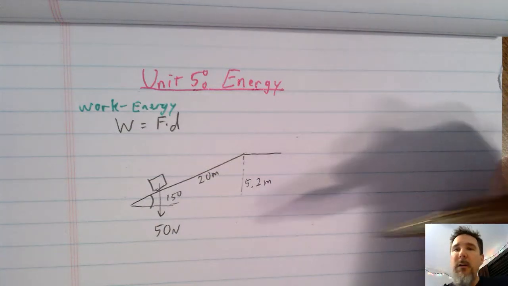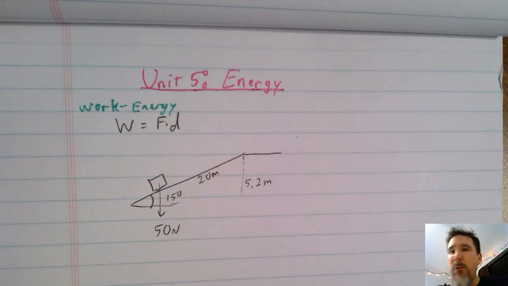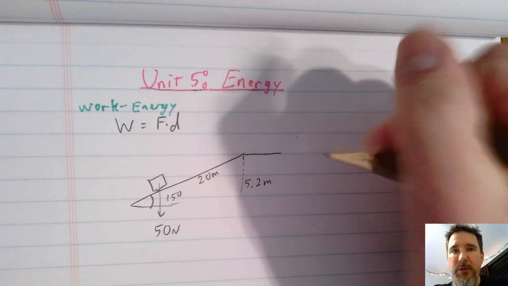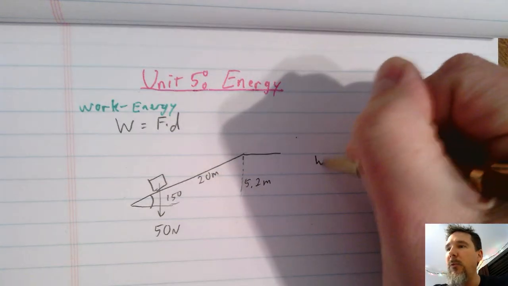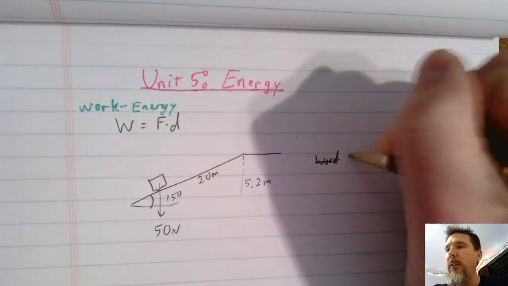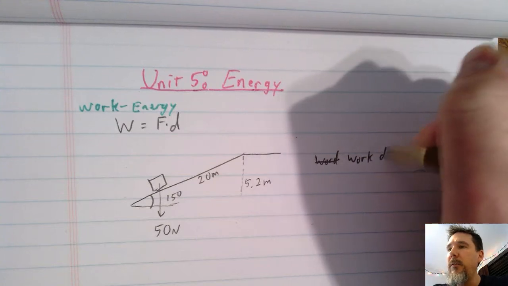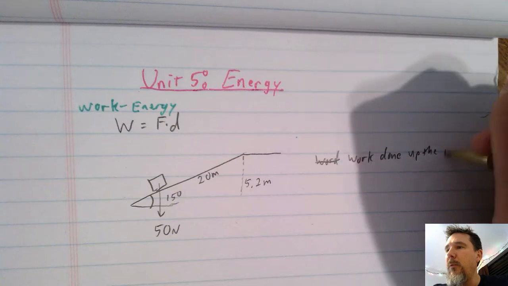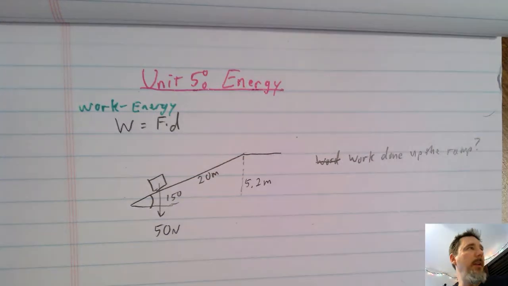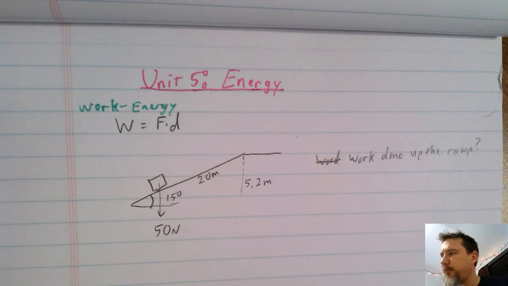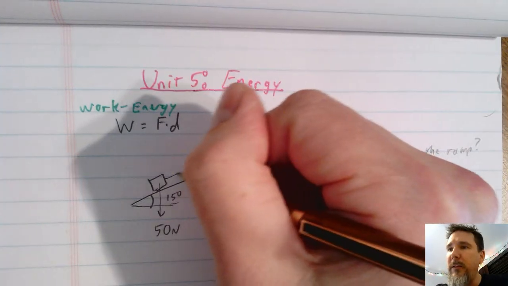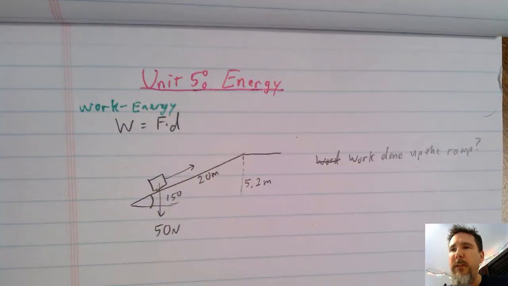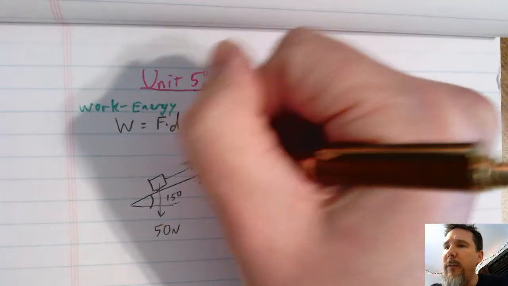The first question I might ask is: what is the amount of work done pushing the block up the ramp? Work done just up the ramp. For that question, you're going up the ramp, so let's say it's being pulled with a force of 25 Newtons.